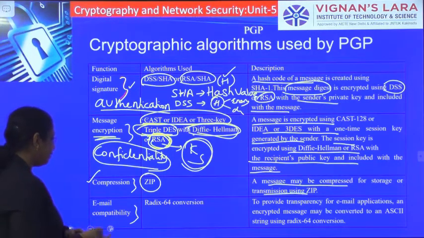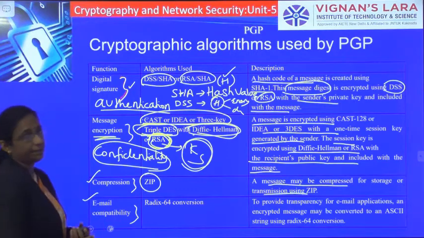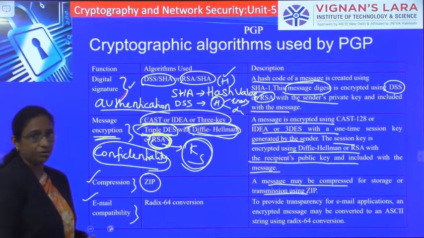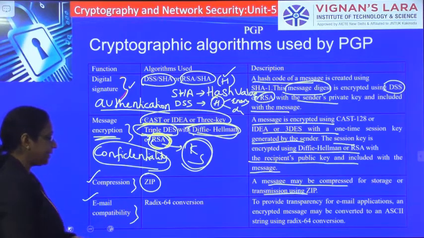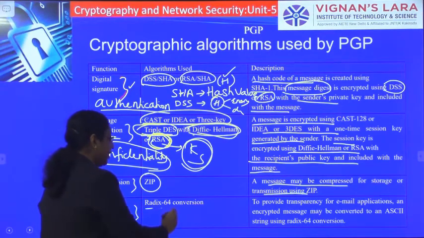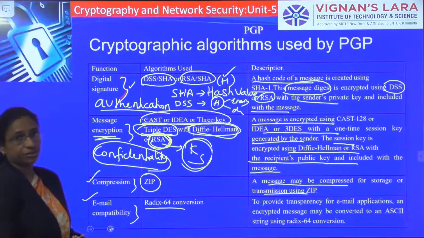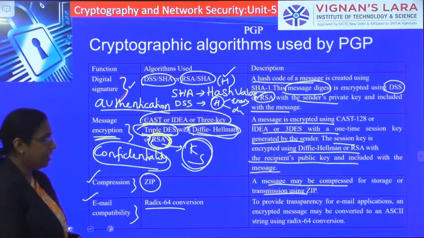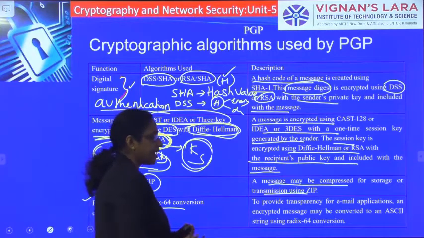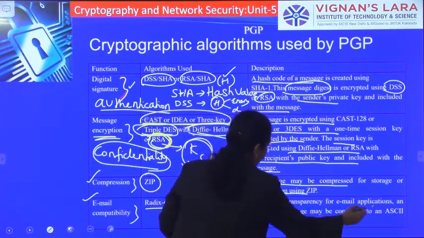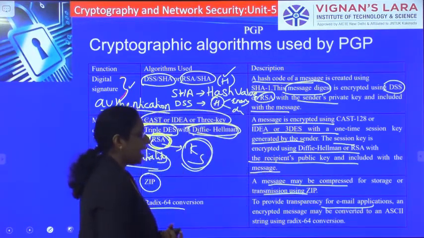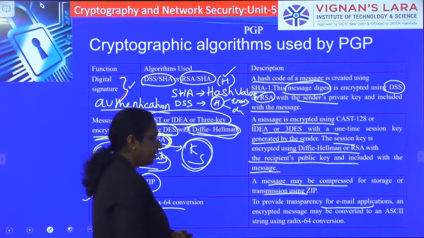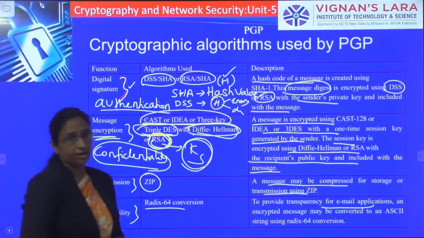The fourth function is email compatibility. To support email compatibility, the algorithm used is Radix 64 conversion, to provide transparency for the email applications. An encrypted message may be converted to an ASCII string using the Radix 64 conversion.